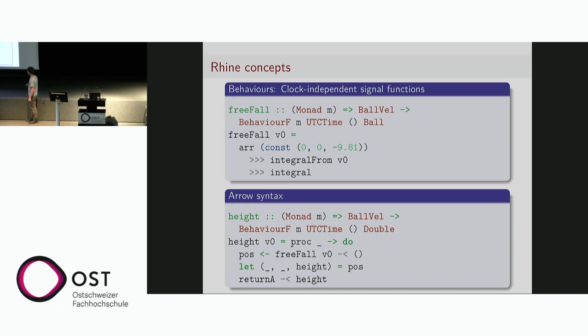I'm going to get some output, and I can use this output again. I have let expressions. Can use this output and use it as an input in other signal functions again. Or in this case, in a return A is an arrow built in.